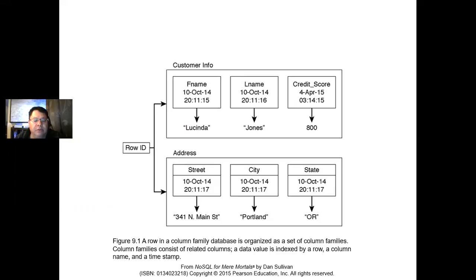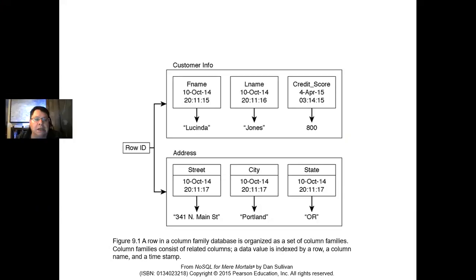At the same time, they preserve some of the underpinnings and roots of key value databases, so we can get some of the best features of key value if we organize and configure our column family databases that way, and derive a lot of those benefits as well. So they're kind of a nifty middle ground.